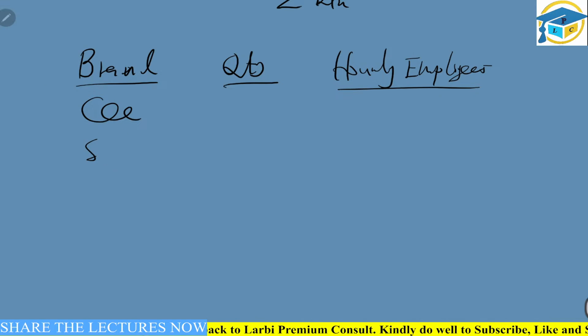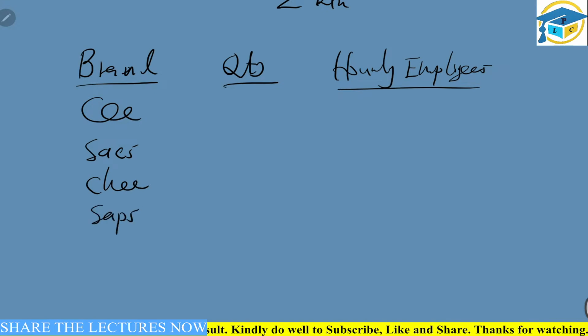The third one is chi, and then the fourth one is saps. So under the C we have 1,000. Under the sax we have 500.